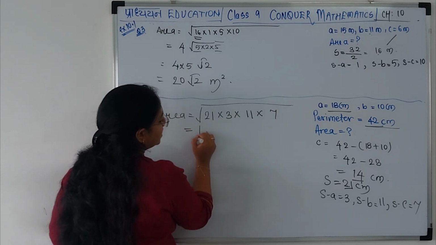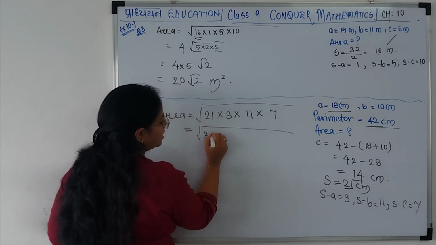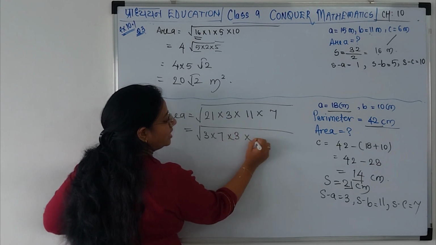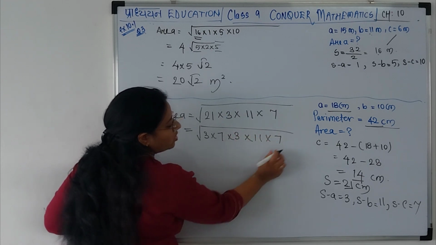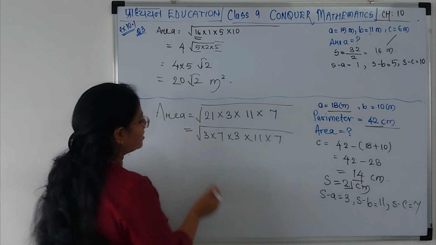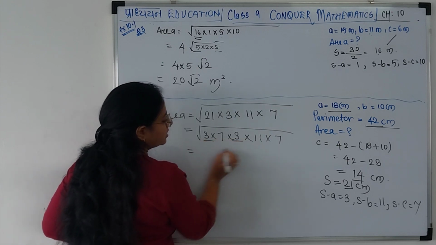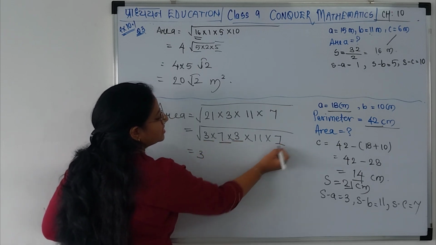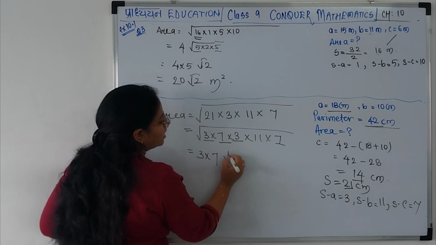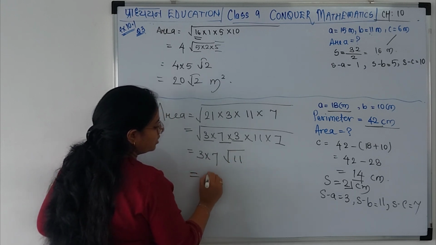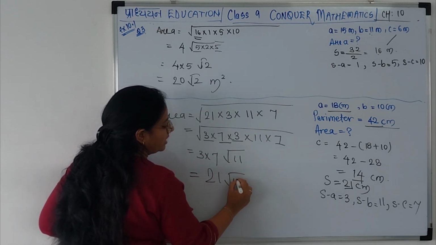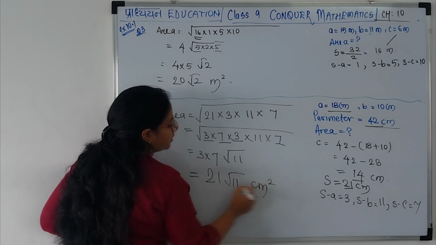Here as you can see 21 can be written as 3 into 7, but 3, 11 and 7 cannot be factorized further as they are prime numbers. So 3 and 3, one 3 comes out, 7 and 7, one 7 outside, inside only 11. Your area is 21√11 centimeter square.